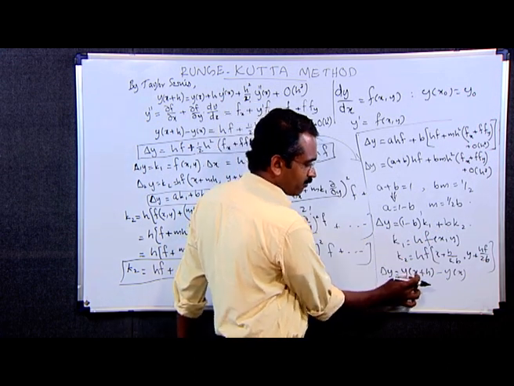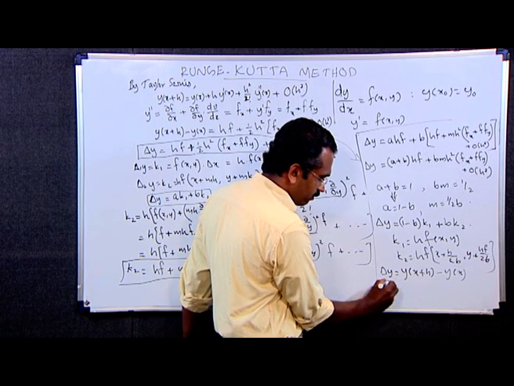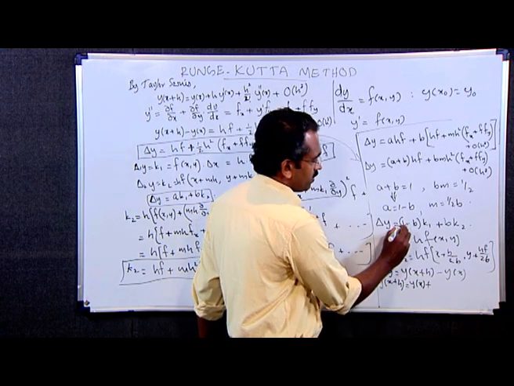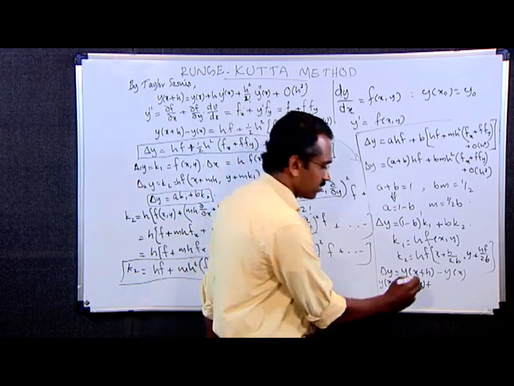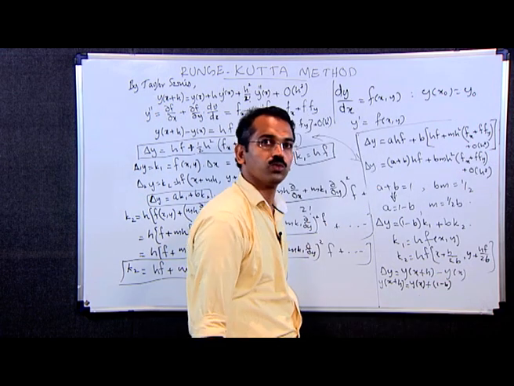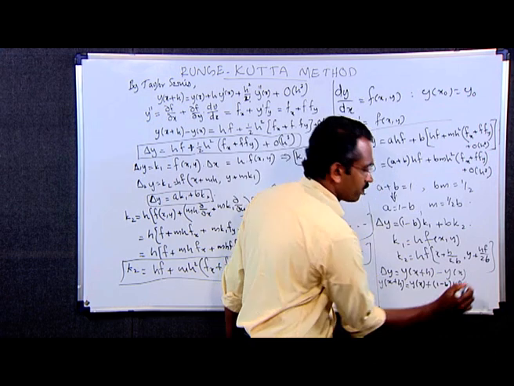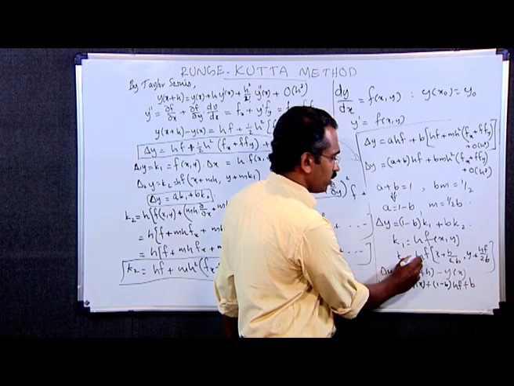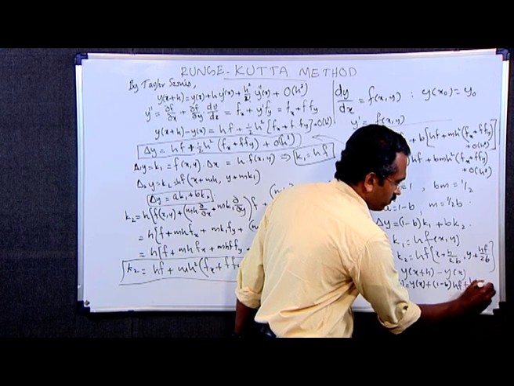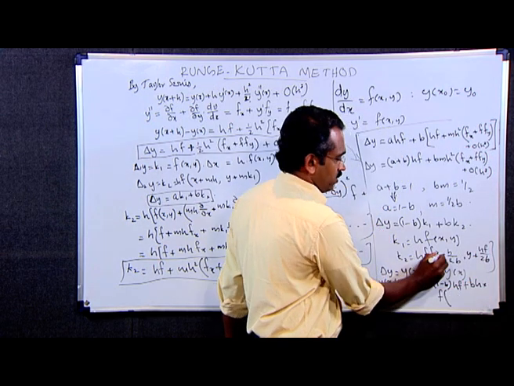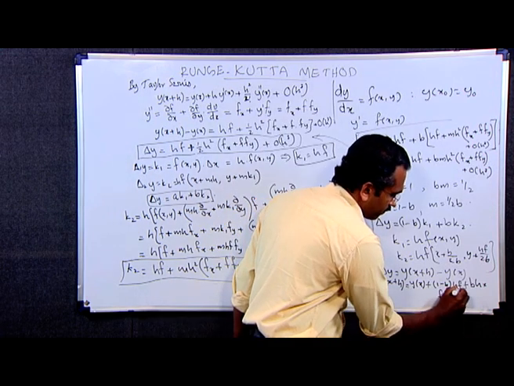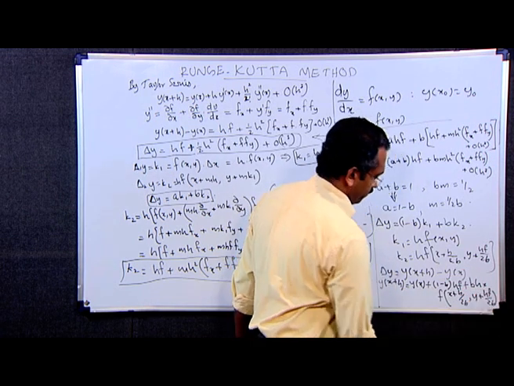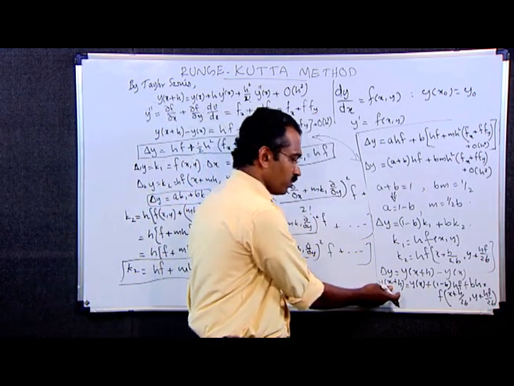Therefore, we can write y of x plus h is equal to y of x plus 1 minus b into k1, that is 1 minus b into h into f, plus b into k2, b into k2 is h into f of x plus h by 2b comma y plus hf by 2b. This is the expression for y of x plus h.